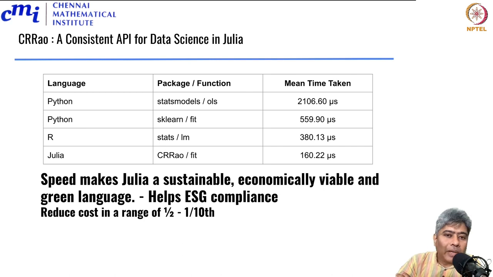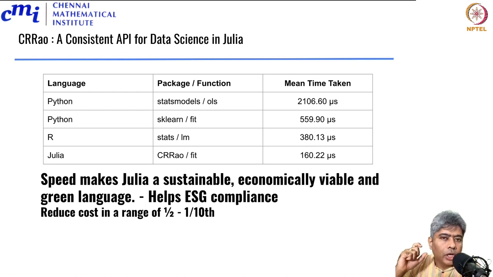In industry nowadays, what is happening is nobody wants to maintain their server, so they are moving all their data related work and data science related projects to the cloud. Now in the cloud, all cloud services are basically charging their clients for the time they are using their services.